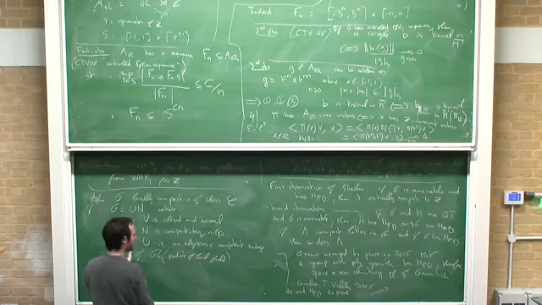And the last statement is the most important one. It tells you the dynamical property that you need.